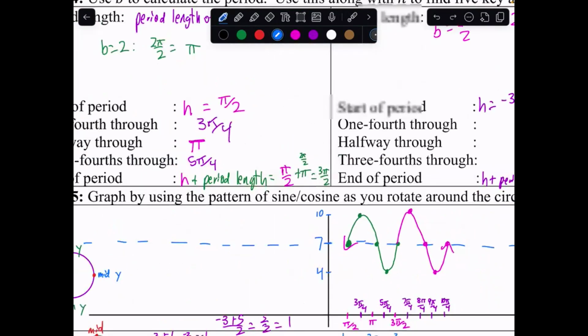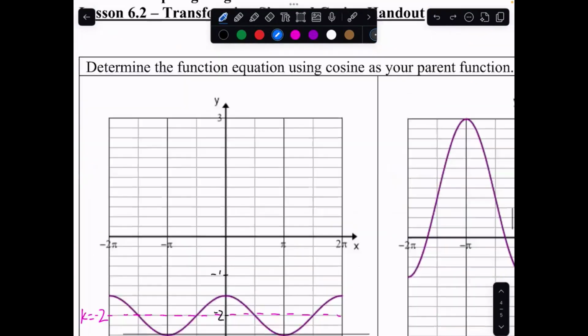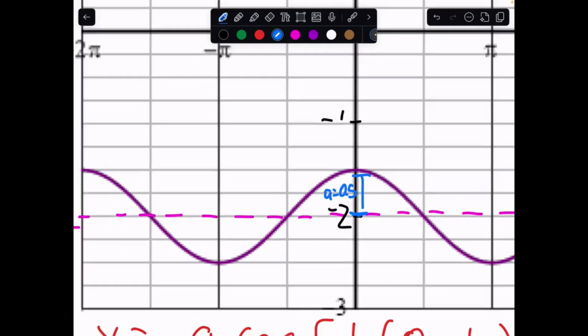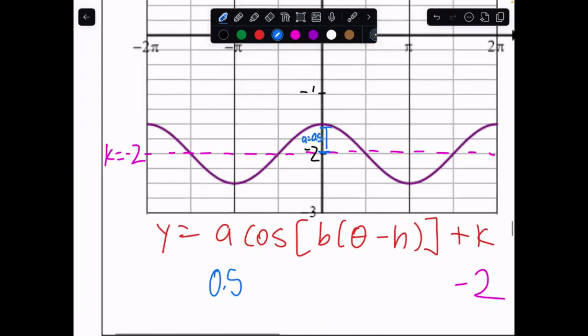And if you look back at the equation, a was 3. Okay, so what is it over here? The midline is at -2. The maximum is at -1.5. Okay, so a is going to be 0.5 or 1/2, right? Because it's only half a unit up. Okay, so that's the second thing I did.